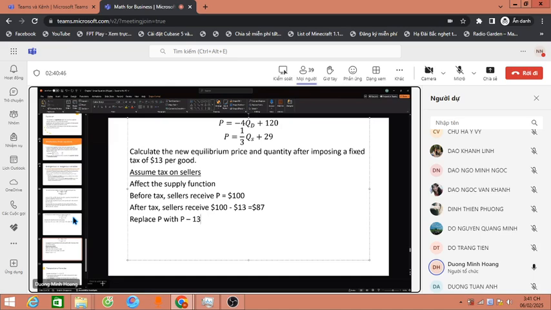So that means we replace P with P minus 13 in the supply function.